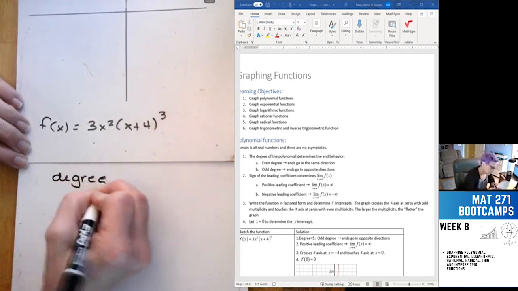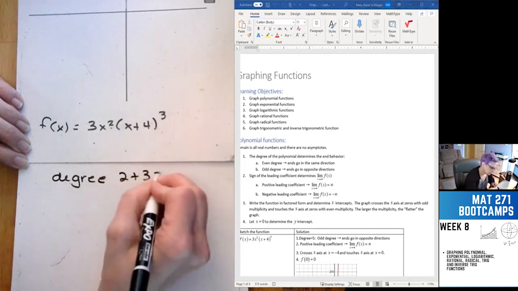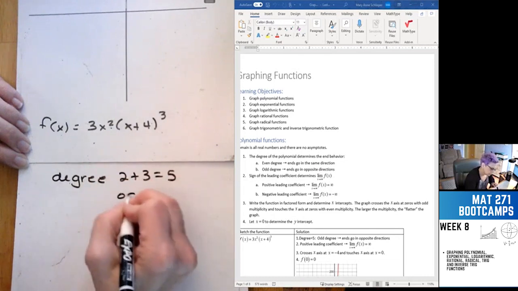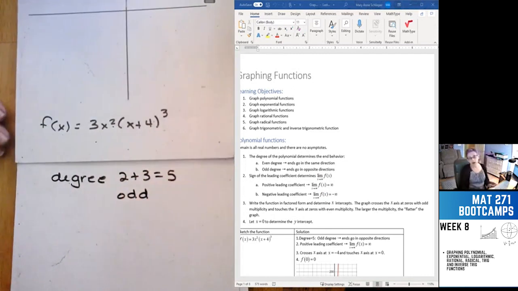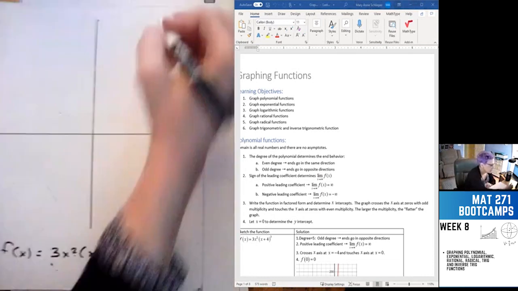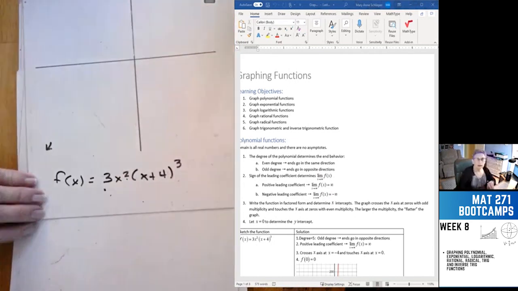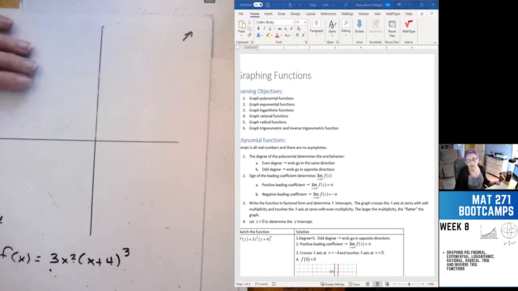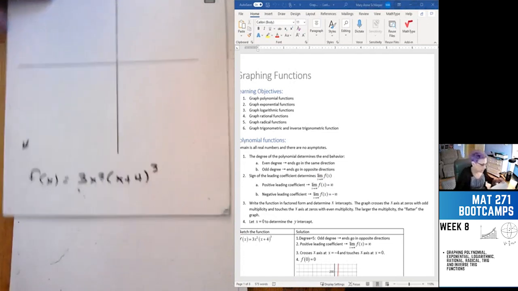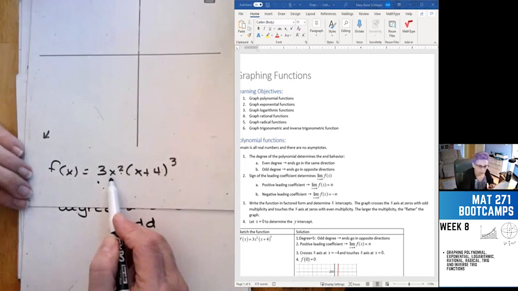The degree of this polynomial is 2 plus 3, 5, which is odd. That means the ends are going to go in opposite directions. Leading coefficient is positive. That means the right end is going to go up and the left end is going to go down. So I have kind of an idea of what it's going to look like already. I have 2 zeros.